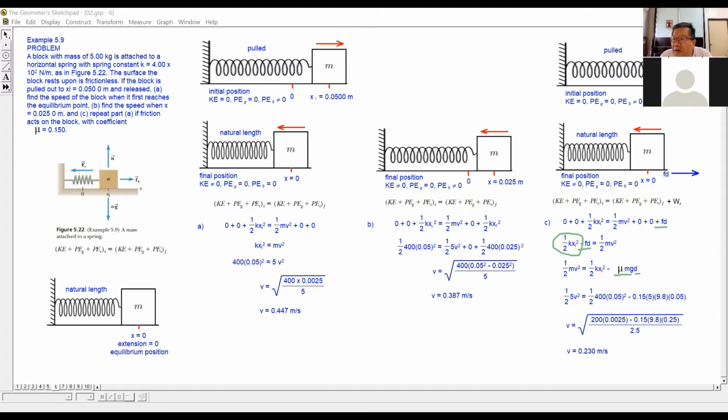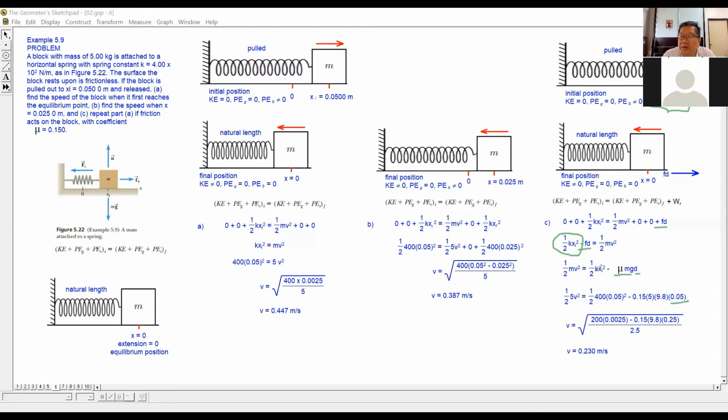Now this distance traveled is this one. From the initial position until 0, it is 0.05. The distance traveled against friction is actually 0.05.